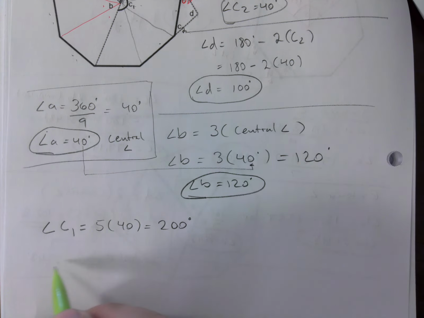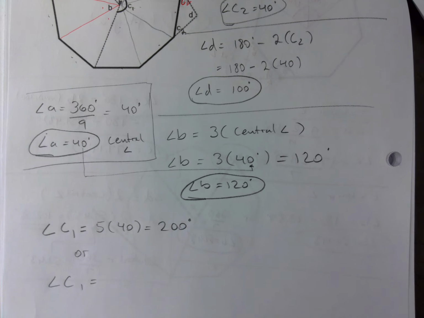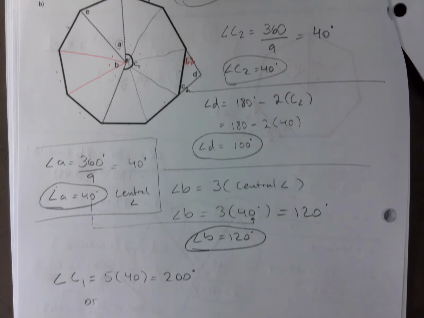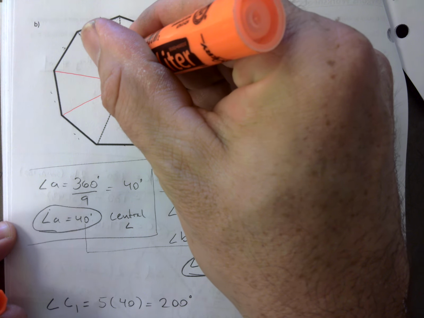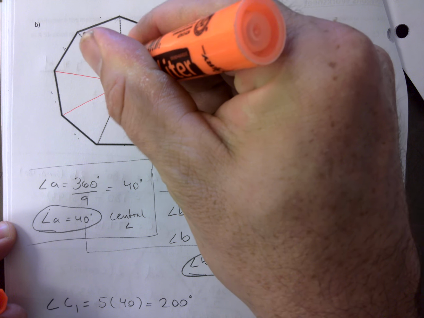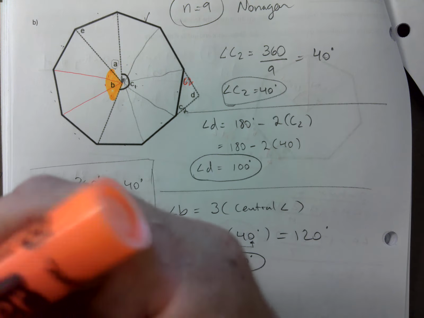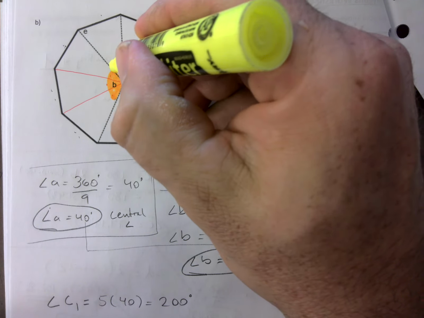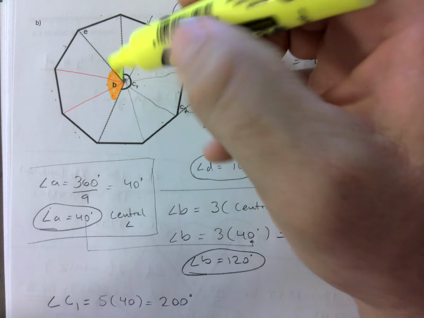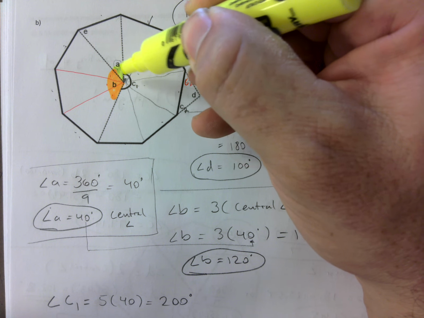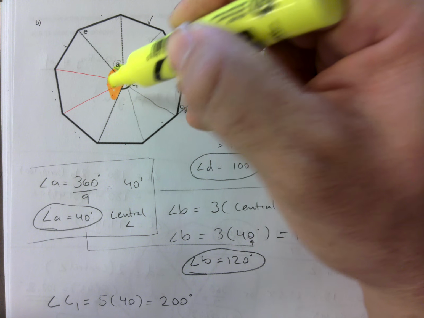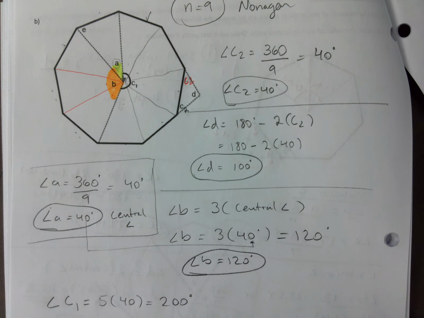Another way of doing it for angle C1, pay close attention to this one because sometimes this might be handy. We know that this is 120 right here, and we already know that this is 40. So what's the whole circle? 360. So you can go 360 minus A minus B and get the same answer.